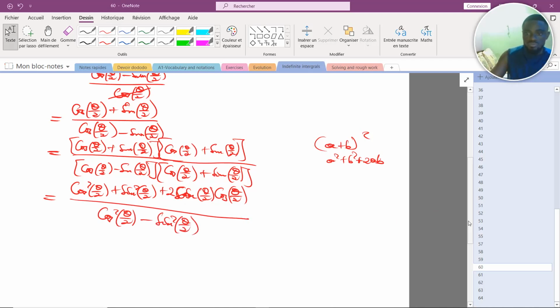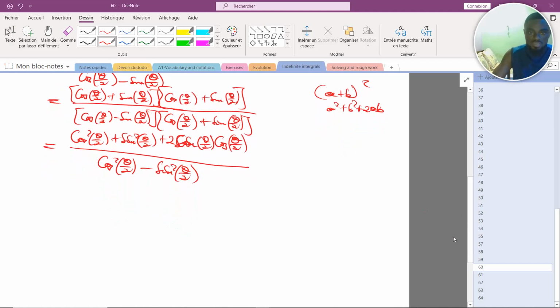Now, having reached this level, you can remind yourself that cos square n theta plus sine square n theta is equal to 1.